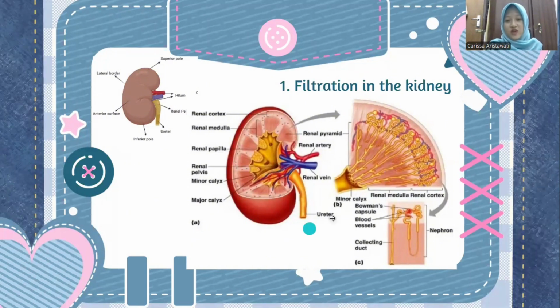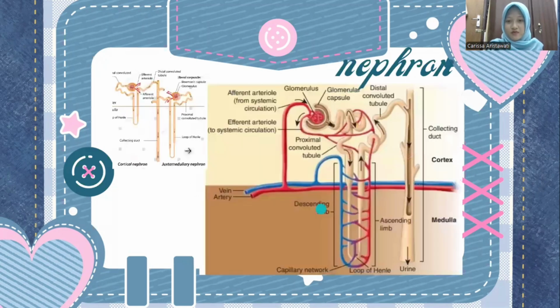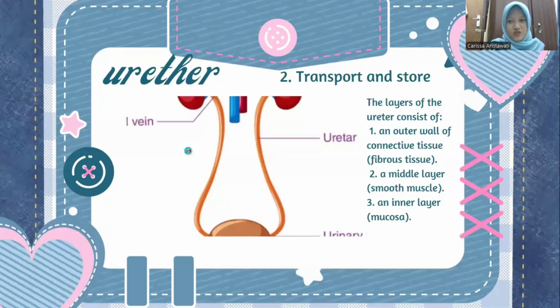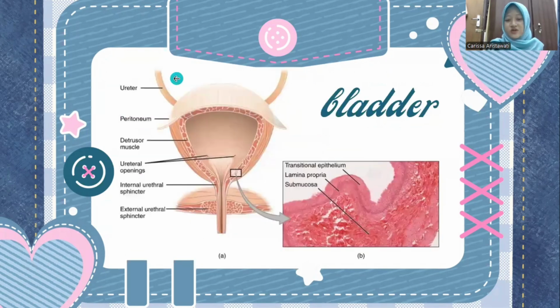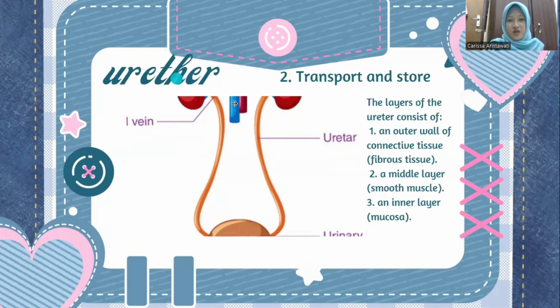So what is the ureter? After true urine is produced, it will be excreted from the kidney to the bladder through these tubes, which are called the ureter. Each kidney has one of these ureters, and this tube has 3 layers.